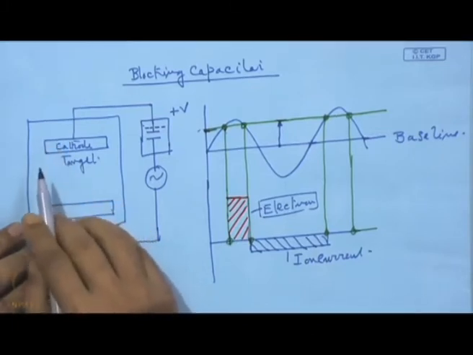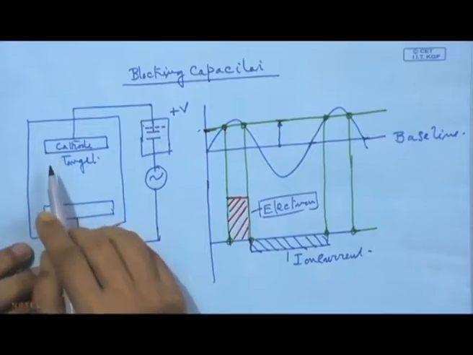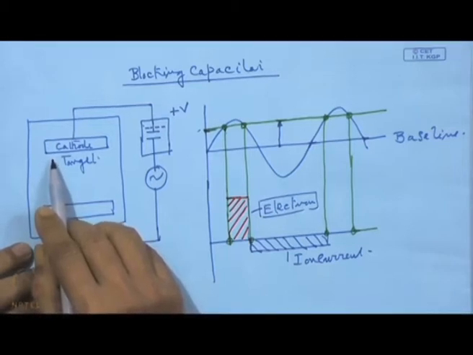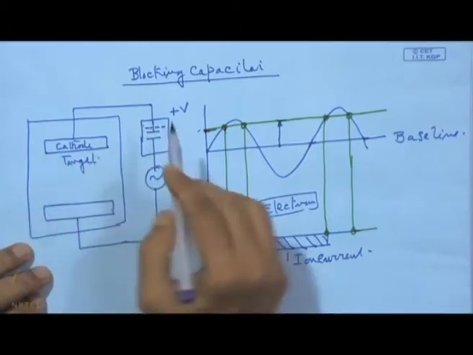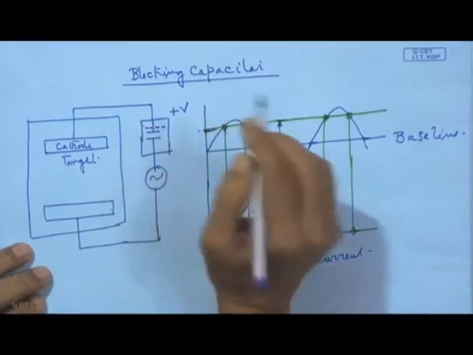This negative bias will assist in getting these ions towards this surface, so it can do the necessary sputtering from this target, and this is possible just by use of this blocking capacitor.